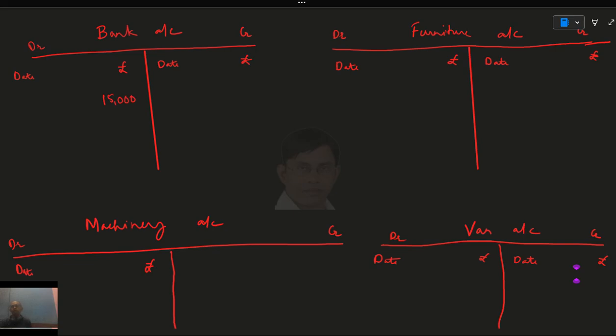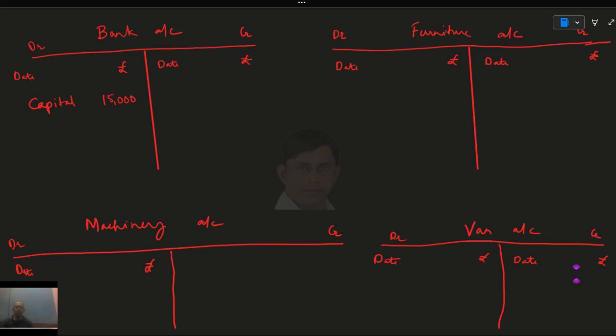Bank has increased, but against this we have to write how it has increased. It has increased because capital has come in. This 15,000 is nothing but capital. Capital is a liability, and liabilities will always show credit balance.